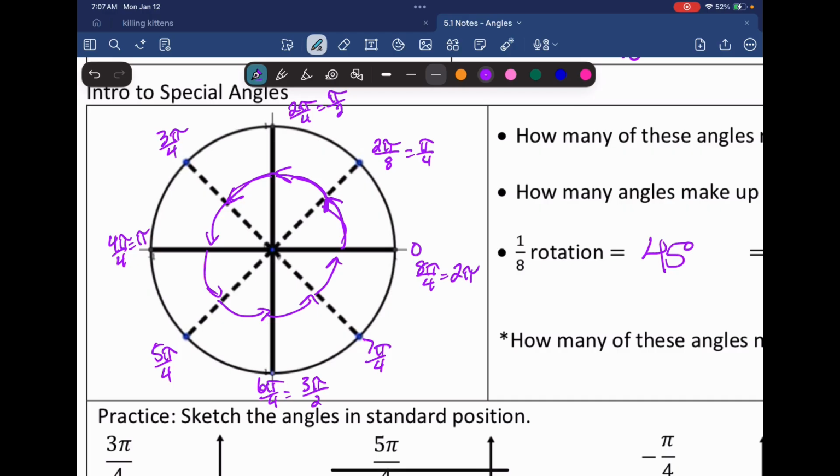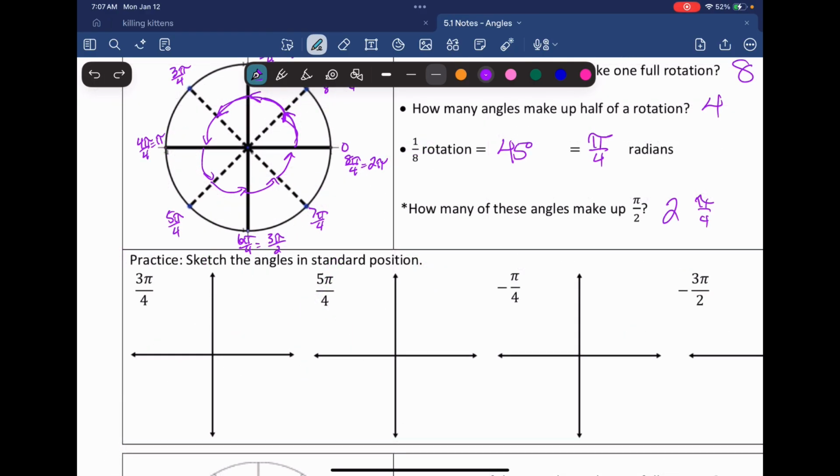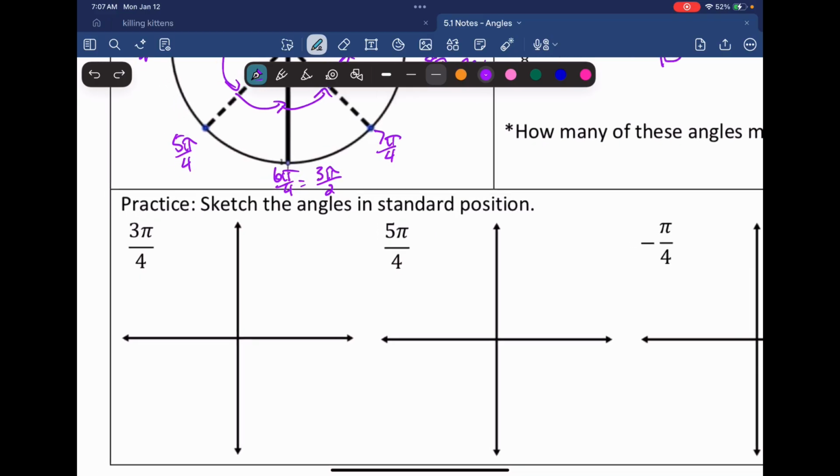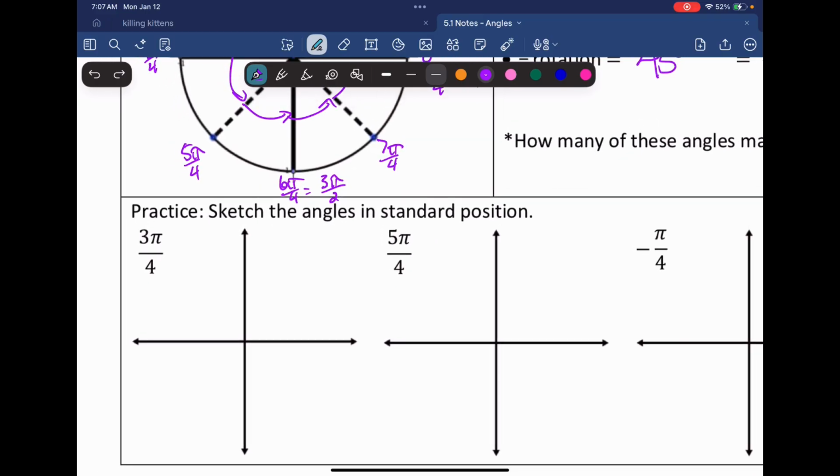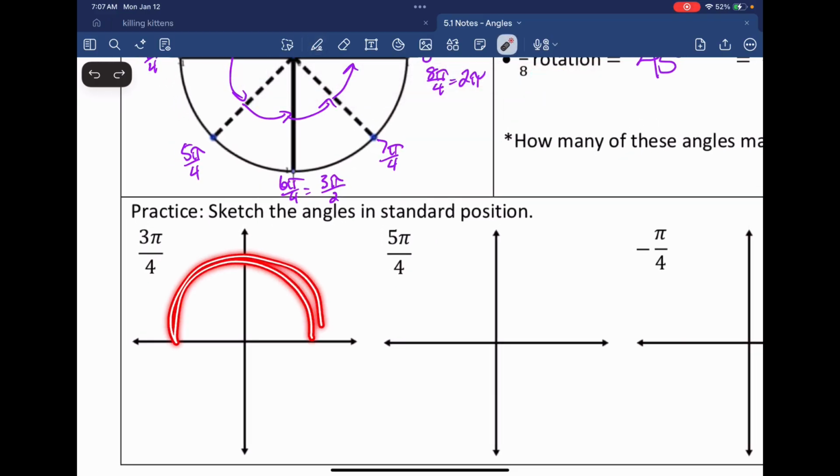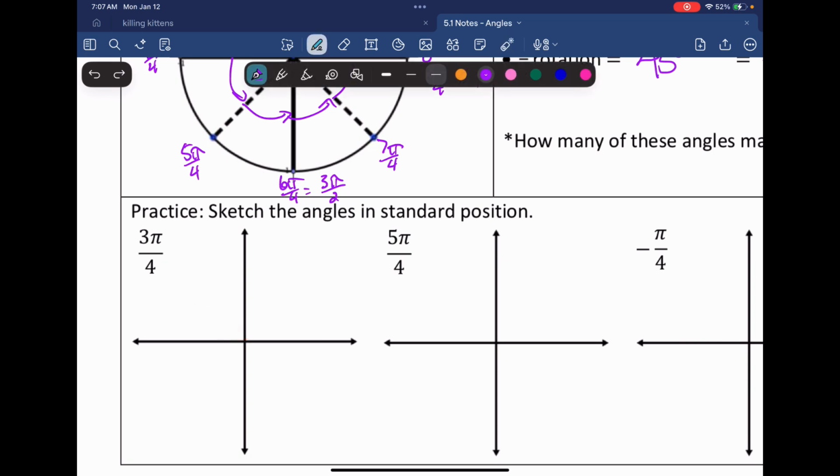We're kicking it back to elementary school when we used to talk about fractions as pieces of pie. Literally pieces of pie here. So sketching these angles in standard position, 3 pi over 4. I know it takes 4 to make up that top half, so 3 pi over 4 is somewhere in here, exactly halfway between.